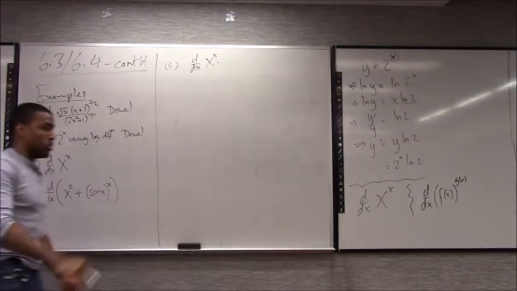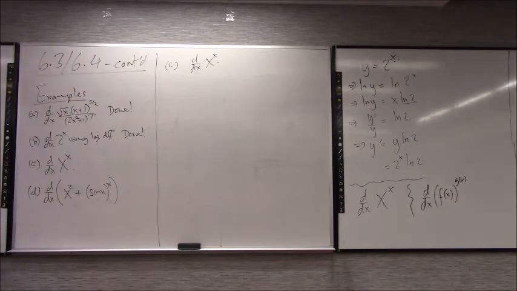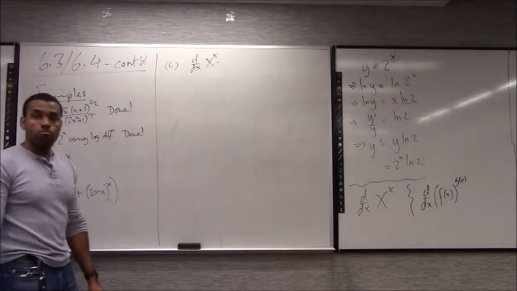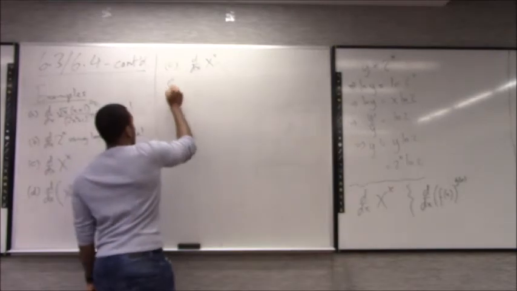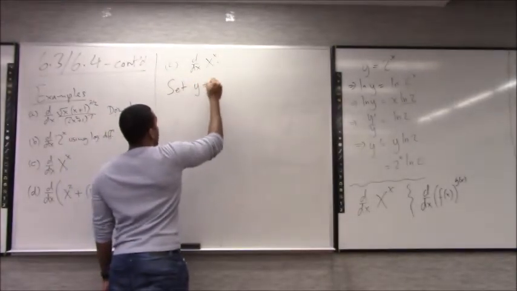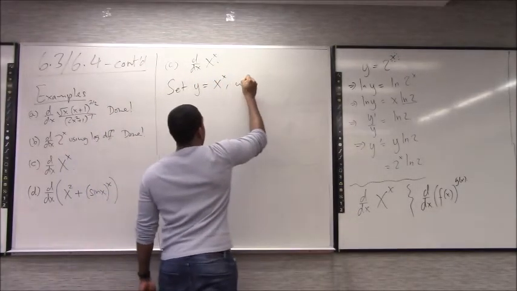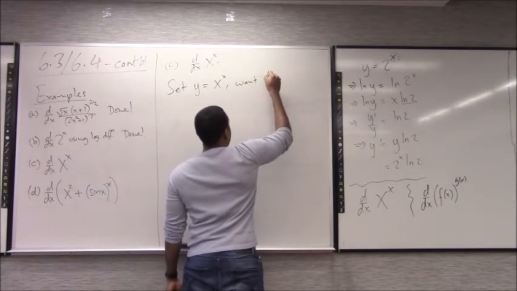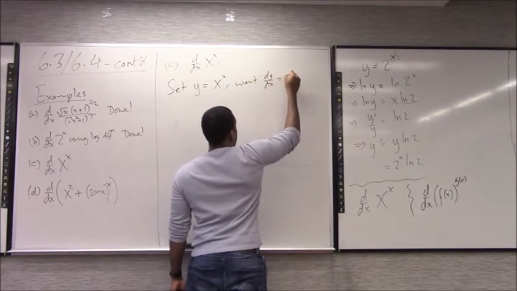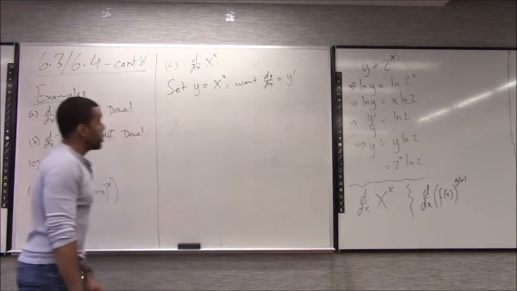Okay, how would we do that? Walk me through the process. Set y equals x to the x. Clearly we want dy dx, which I would denote y prime from now on.